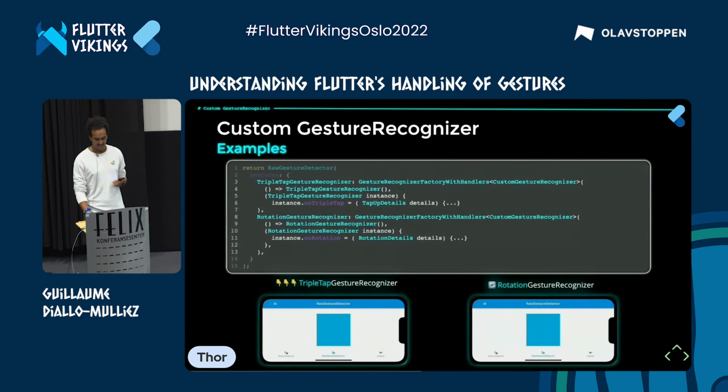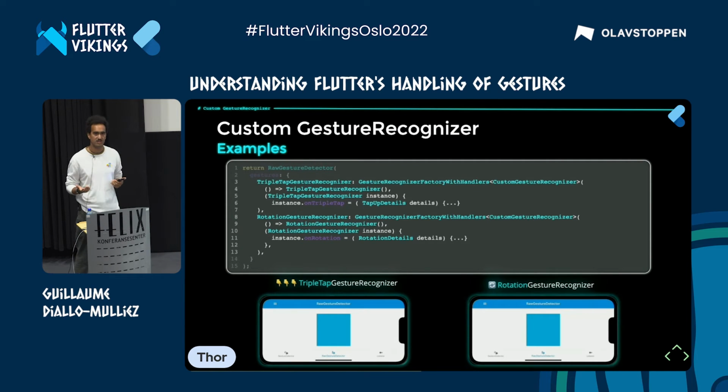So if we look at some examples, here are two examples. One is a custom triple tap detector. I'm not sure that's quite useful, but if we triple tap on this blue square, then we detect a triple tap. And we have a rotation gesture. I stole this one from the article by Alejandro, so thank you, where it extends the scale gesture recognizer, overlooks all the scaling part and only uses the rotation information.